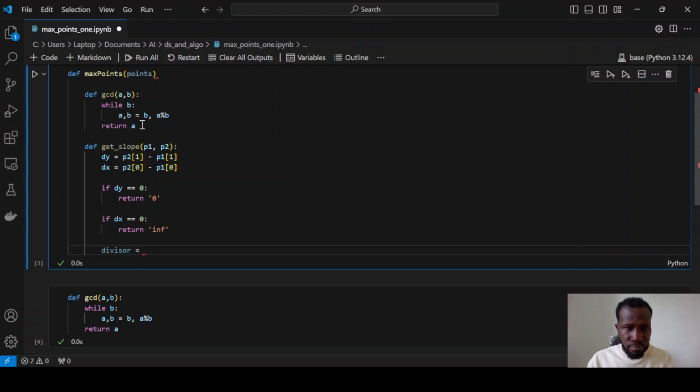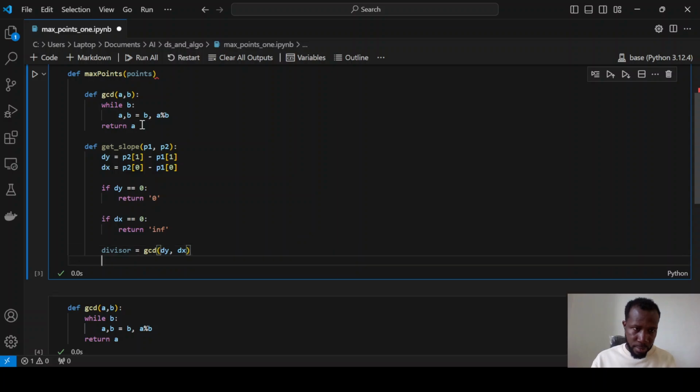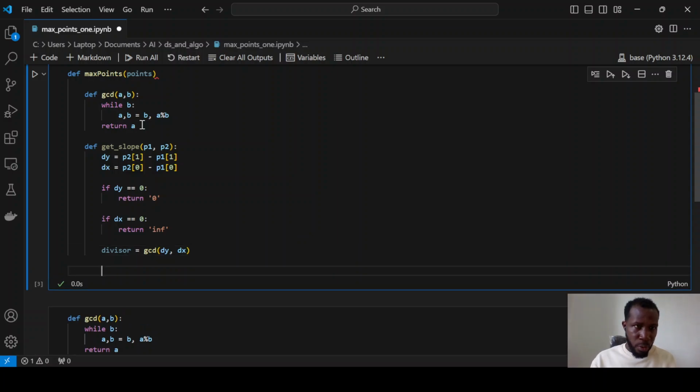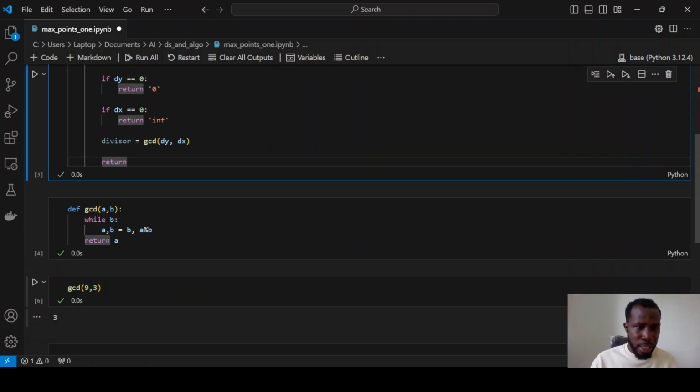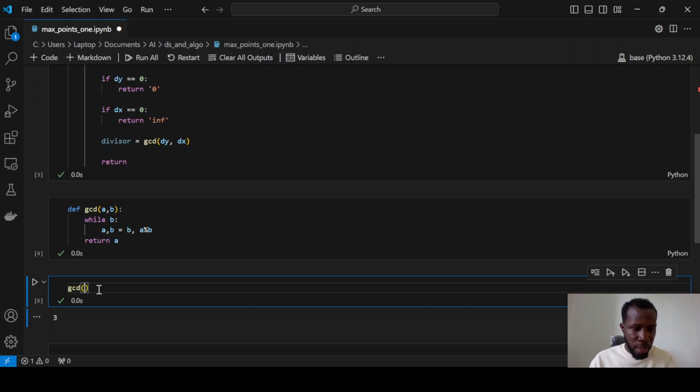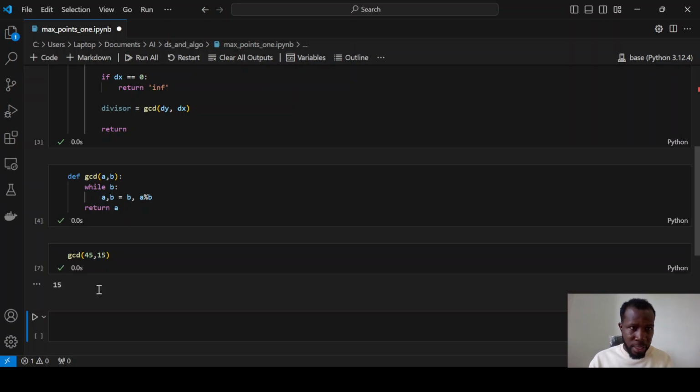Then we're going to get our divisor, which is GCD of dy and dx. For example, if it is 45 and 15, our divisor is 15, right?